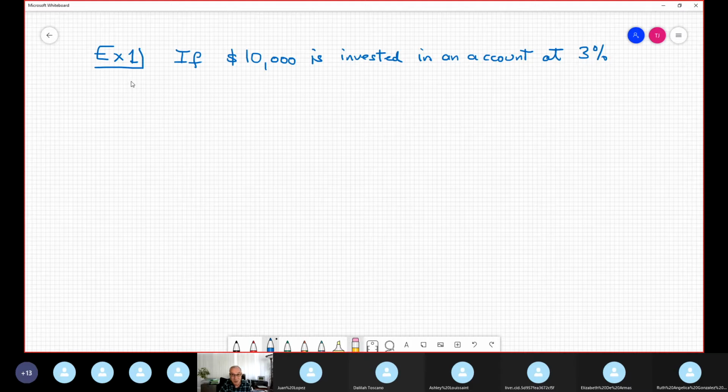I suppose that 10,000 represents the present value, no? And this 3% represents the interest rate R. Let me identify. Compounding quarterly.